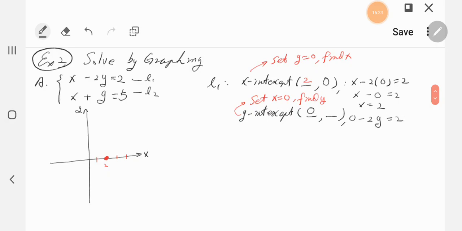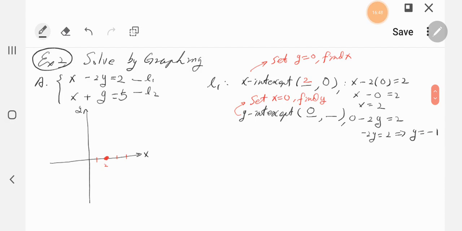We are using line 1. So negative 2y is equal to 2. Therefore, y is equal to negative 1, dividing each side by negative 2.